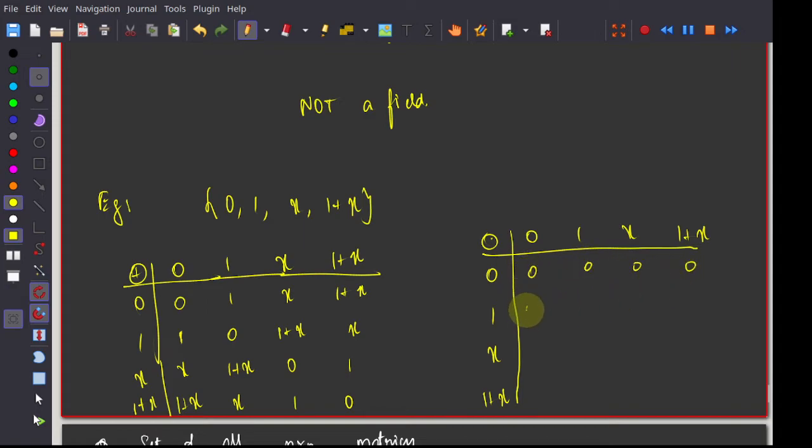Zero is the additive identity, one is the multiplicative identity, but now... so this is my multiplication table.